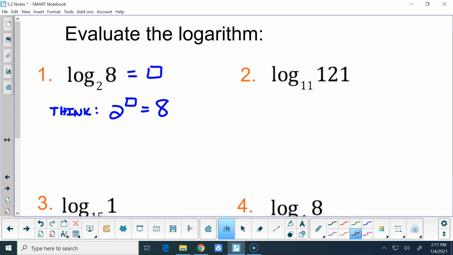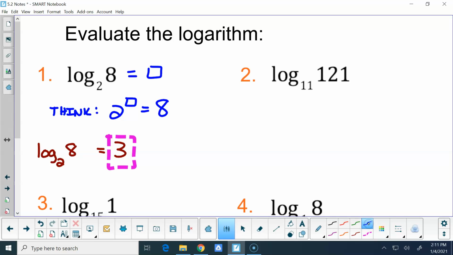So an exponent of 3 would be what the log base 2 of 8 is equal to. So log base 2 of 8 really, truly is equal to 3, because that's the exponent that I have to put on 2 to get 8. Okay?